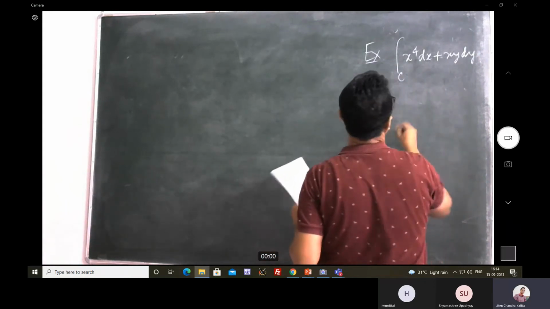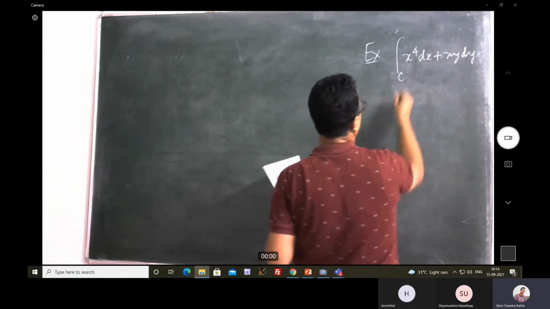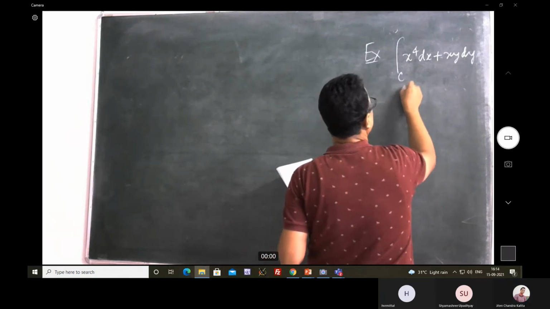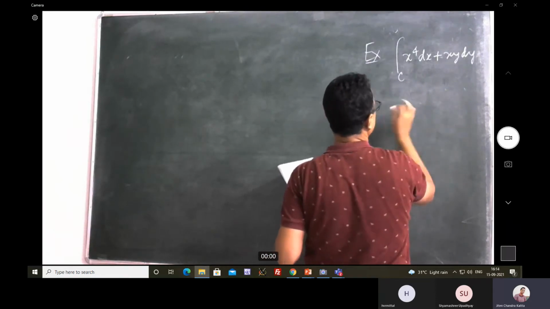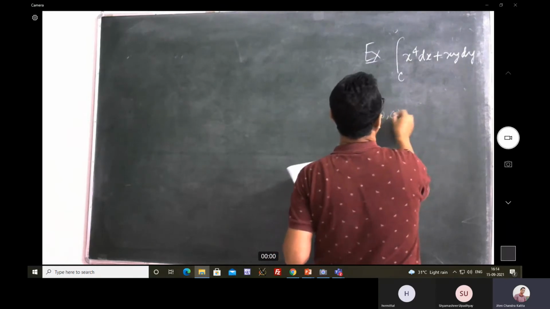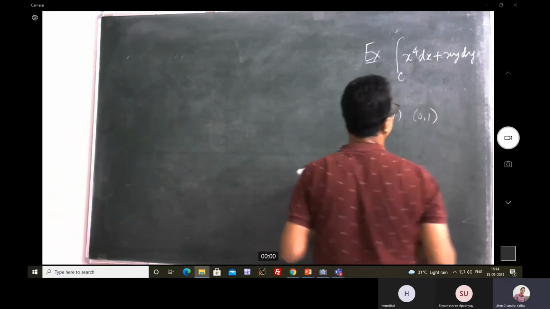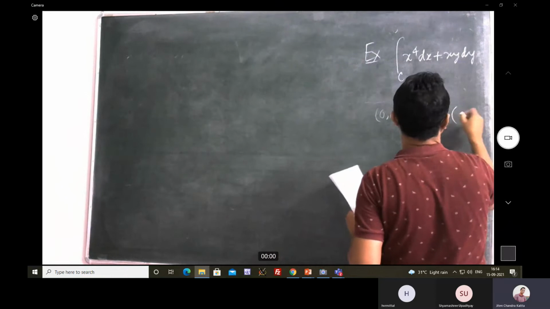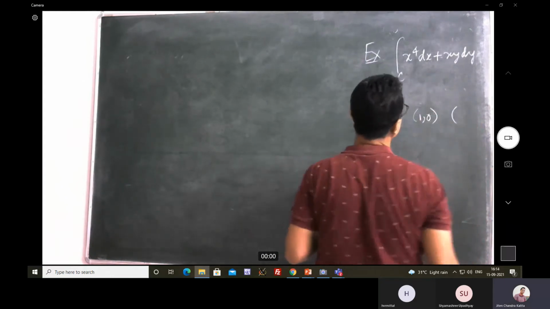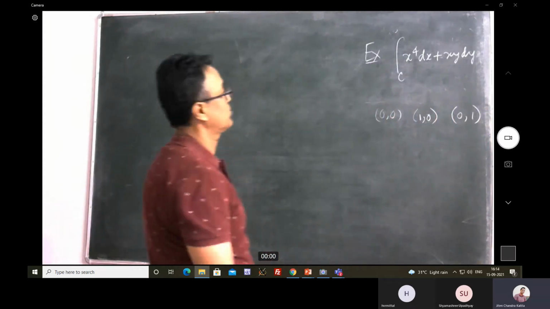The sides are nothing but line segments, given by these three points: lines from 0,0 to 1,0, then 1,0 to 0,1, and 0,1 back to 0,0.